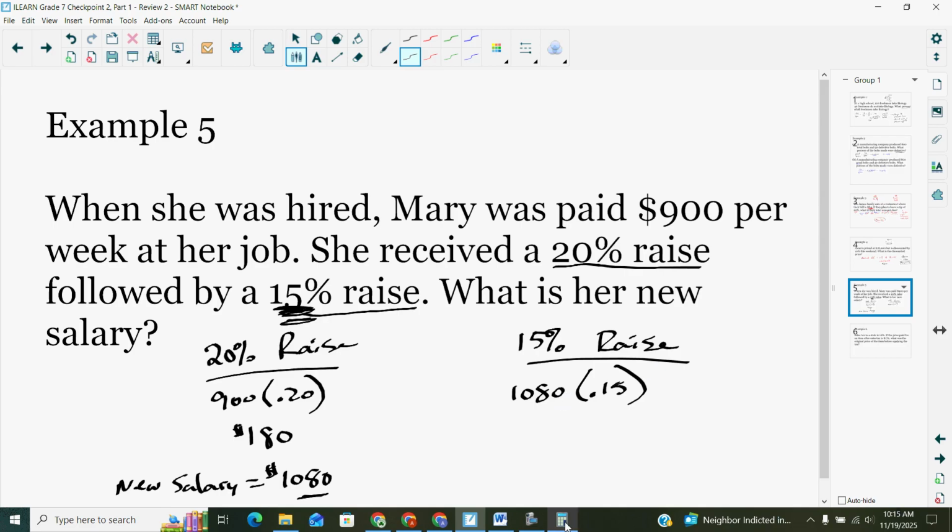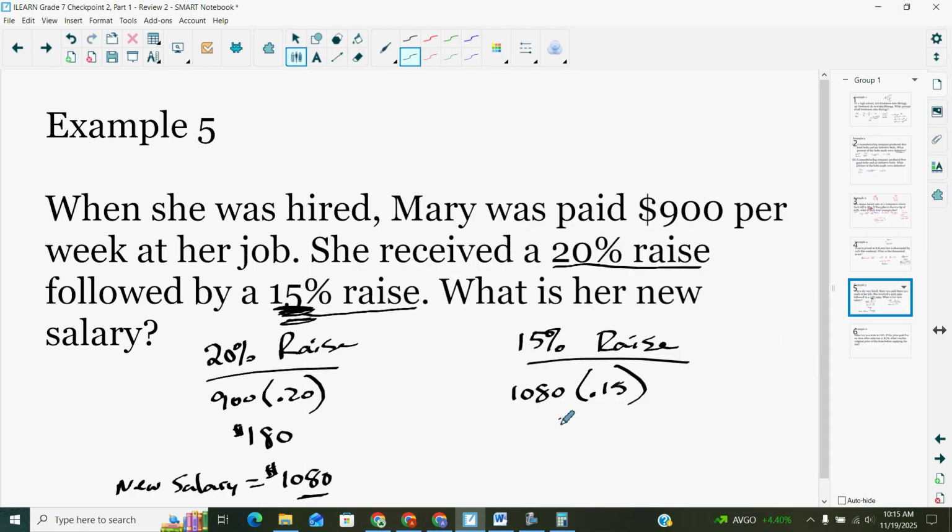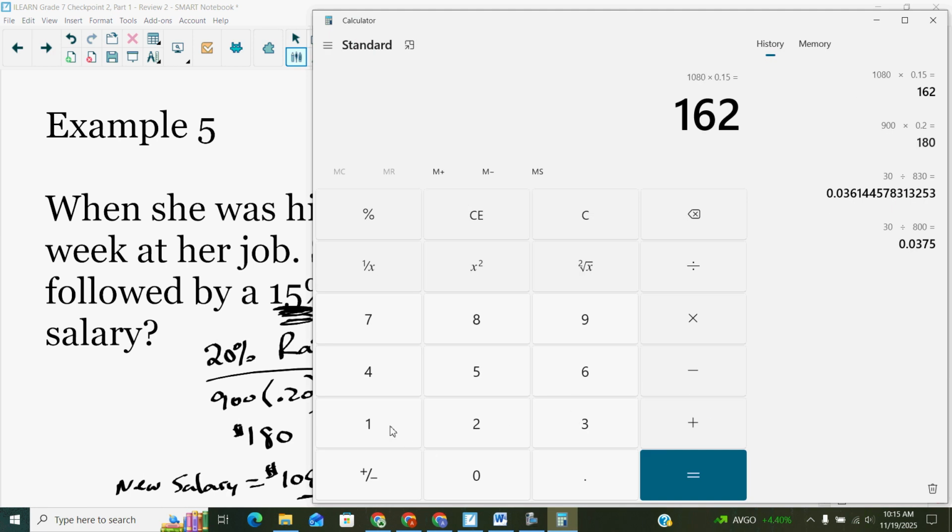So 1,080 times 15%, 0.15. This time she's getting a raise of $162. That's her raise. Her salary was $1,080 plus the 162 raise.